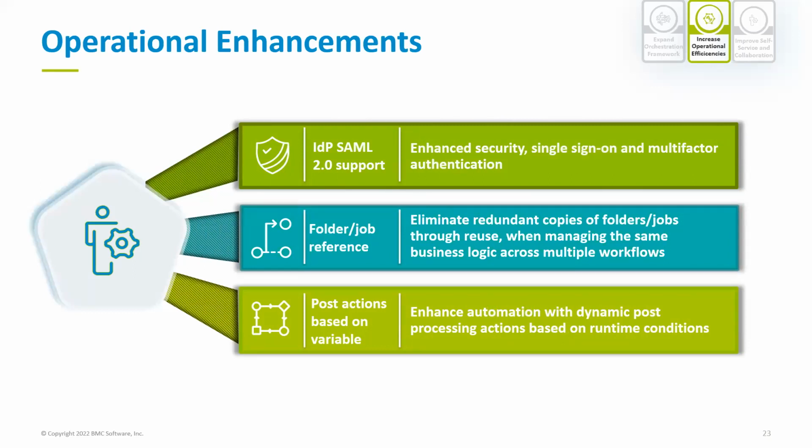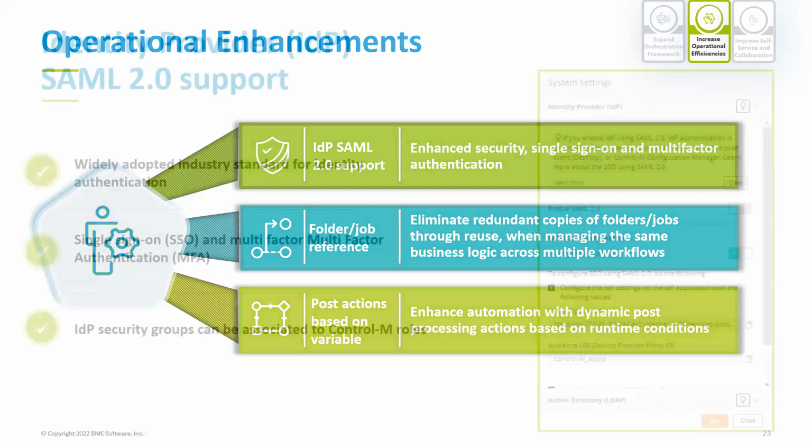I will talk about this in detail also. And we have added other functionalities in the post-processing of tasks, which provide an action that can be triggered on the basis of a value stored in a variable.